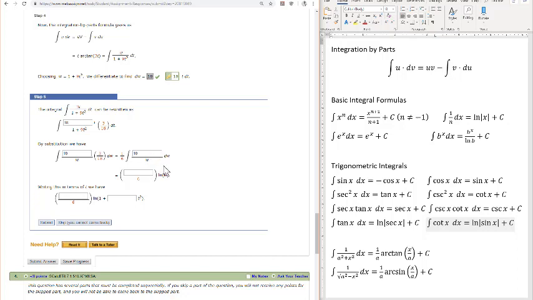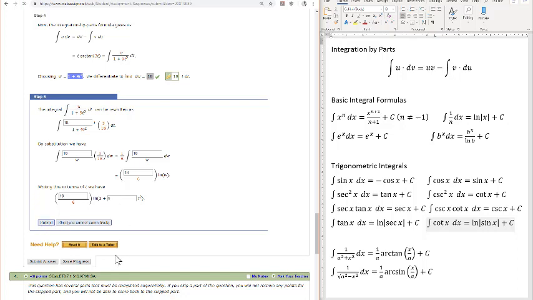And then we know that the integral of dw over w is just ln of w, and we have an 18 over 6, which is going to give us a 3. And then we'll remember that w is equal to 1 plus 9t squared, so we'll put 1 plus 9t squared here.